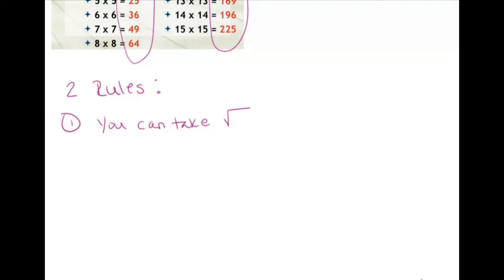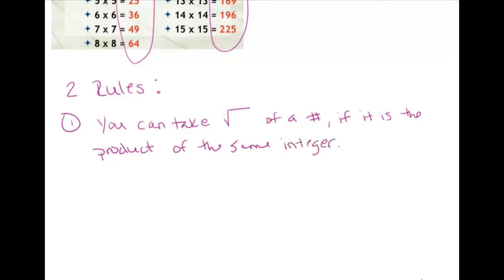So you can take the square root of a number if it is the product of the same integer. I'm going to explain these 2 rules in a minute, so if that sounds a little confusing, don't worry about it. I'm going to tell you what I mean in just a second.